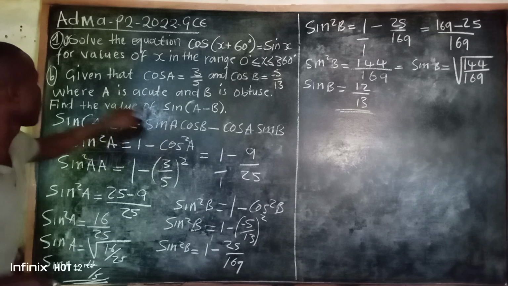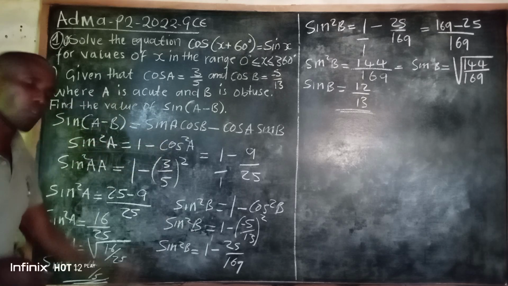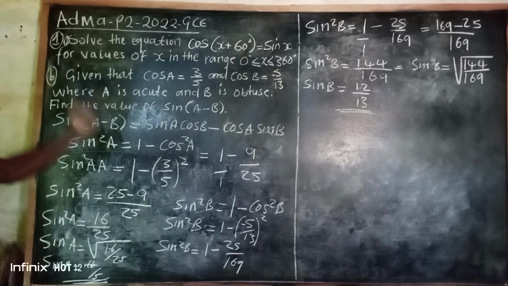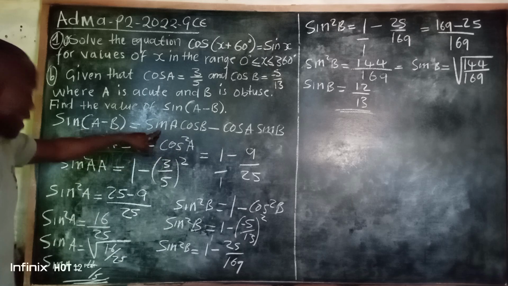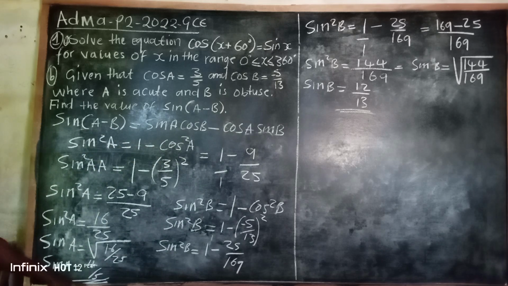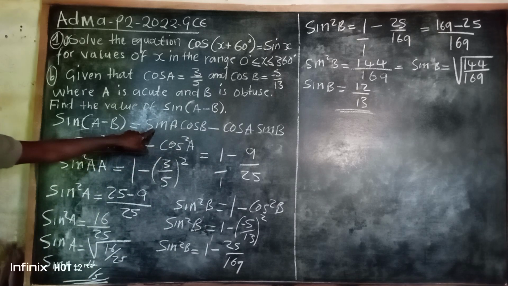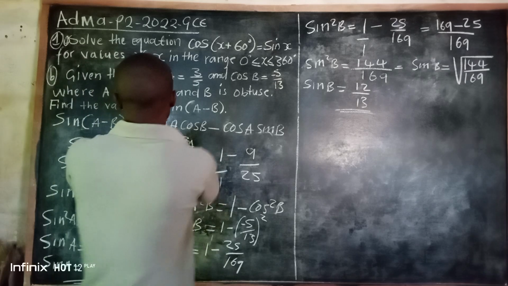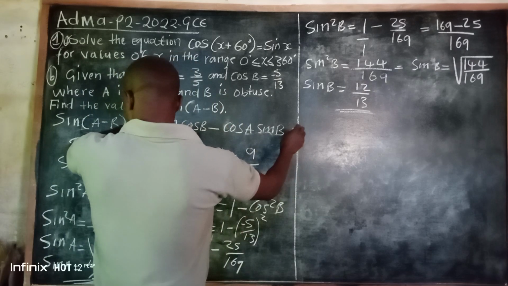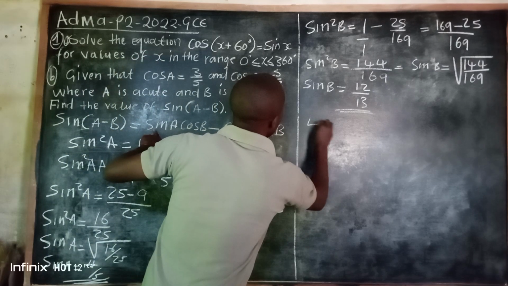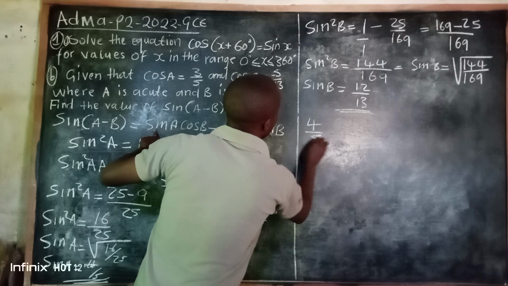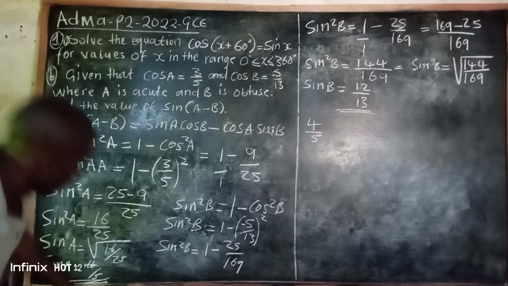So sine A, remember A is an acute angle, and automatically sine in the first quadrant is positive. So sine A, do we have sine A here? Yes, it's here. We have found it. So where there is that one, we are going to put this. So we are going to say 4 over 5.